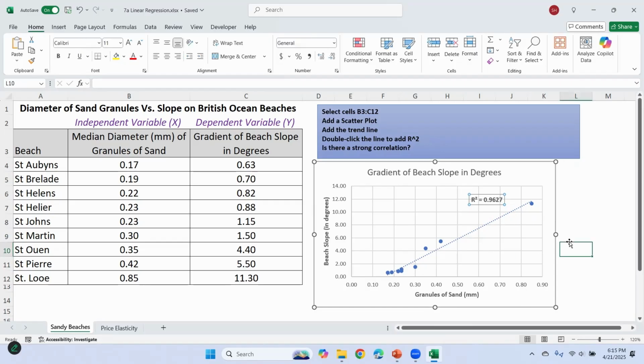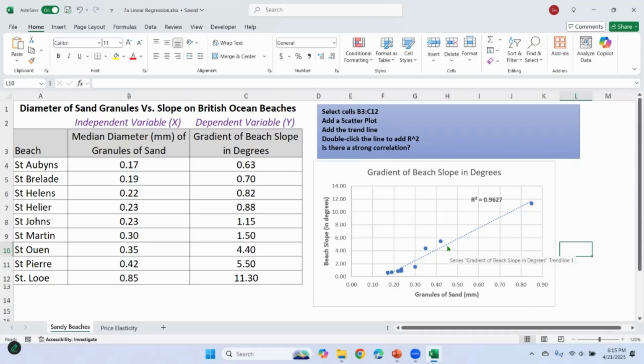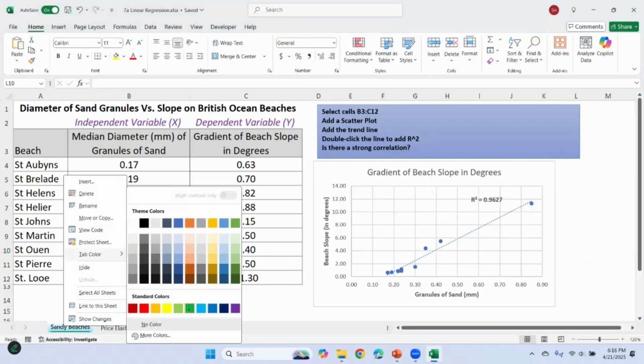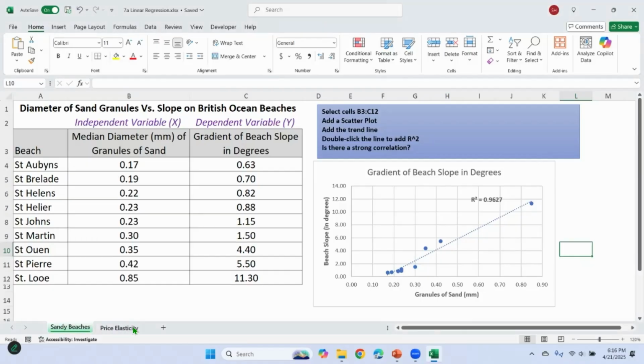That is what they finally want to prove. So they went to each beach and measured, and then they plotted this and proved that yes, this is true. Let's go with one more example. Let me right click, and then price elasticity.